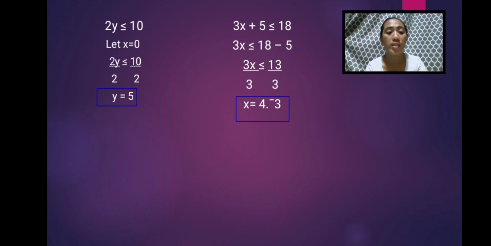And then we substitute the value of y, which is 5, to the equation of cotton, which is 3x plus y greater than or equal to 18. So we come up with 3x plus 5 greater than or equal to 18. So 3x greater than or equal to 18, and then we move positive 5 to the other side.